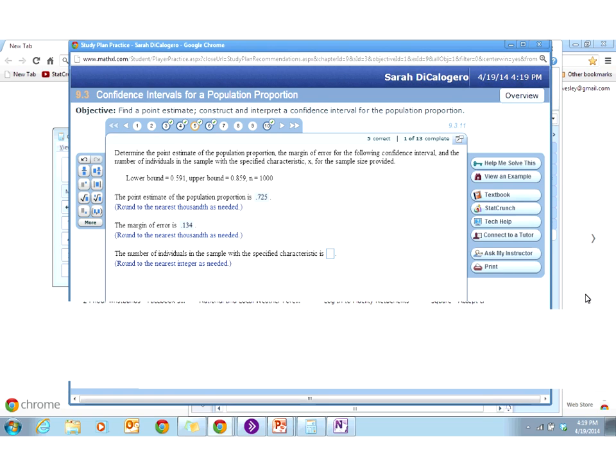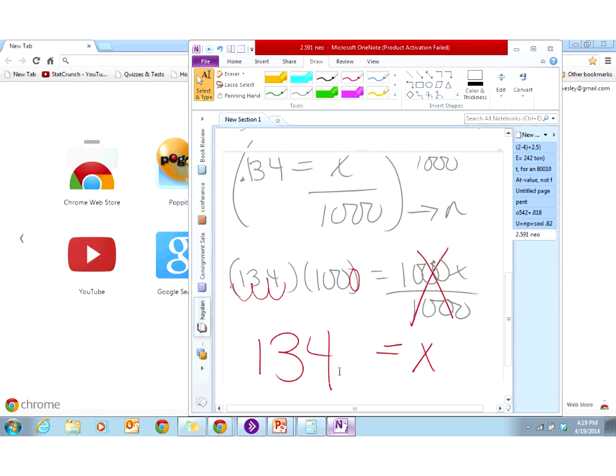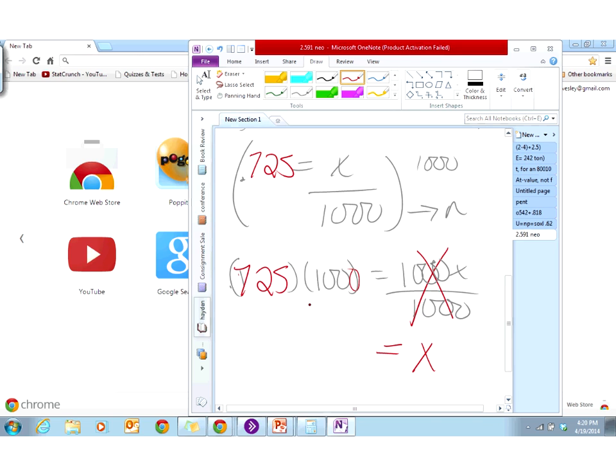What did I do wrong here? Oh. Oops. What did I do wrong, guys? I used the margin of error instead of the p-hat. See, we all make mistakes.